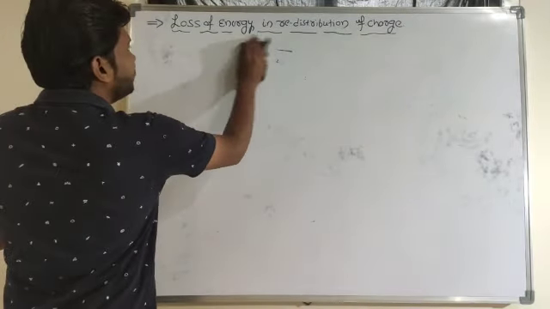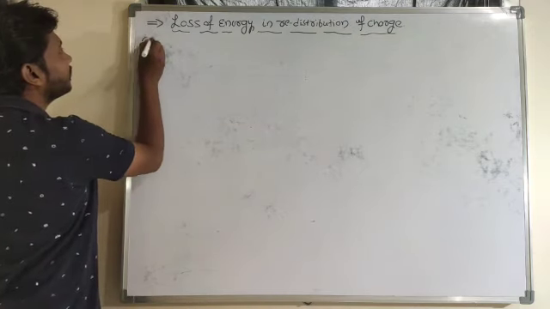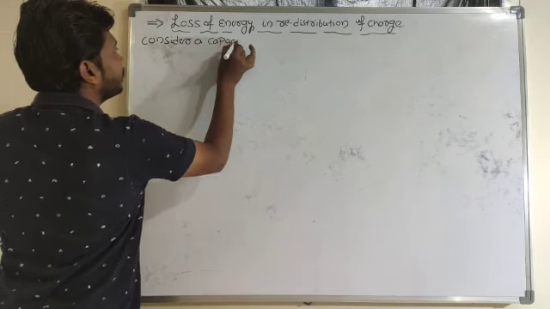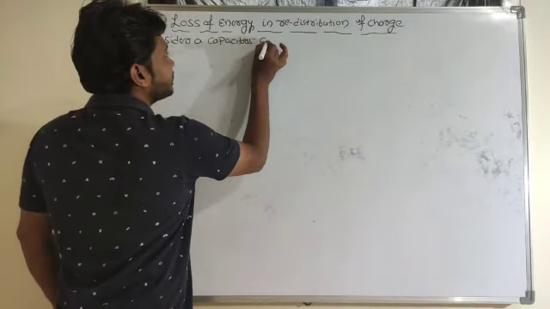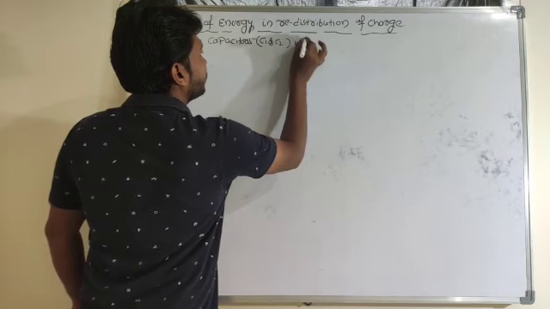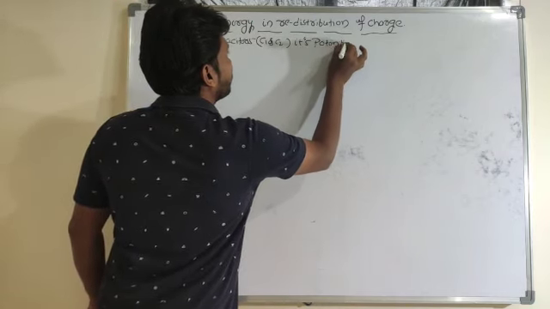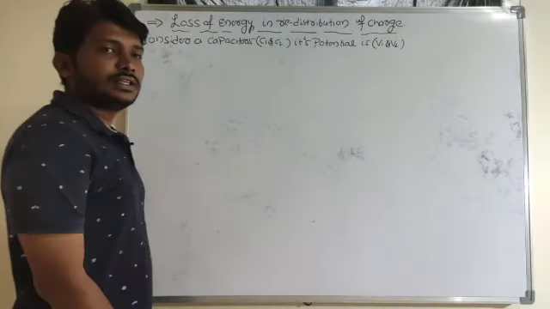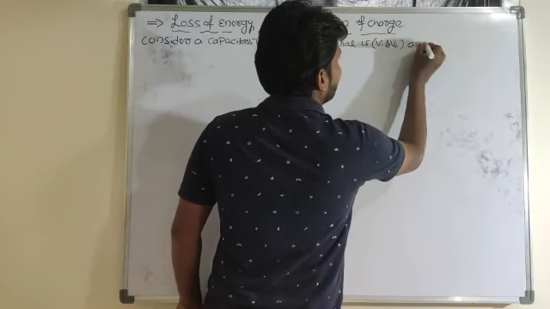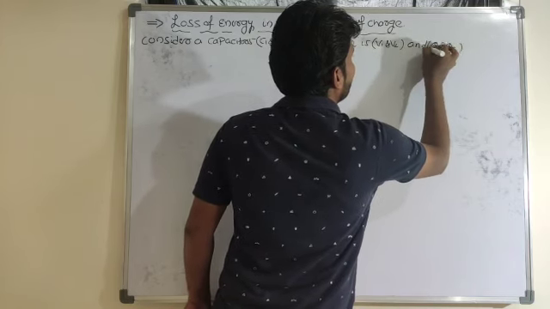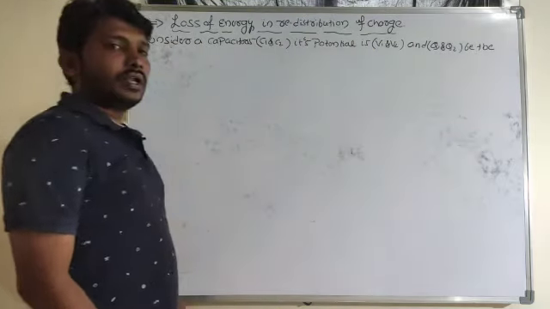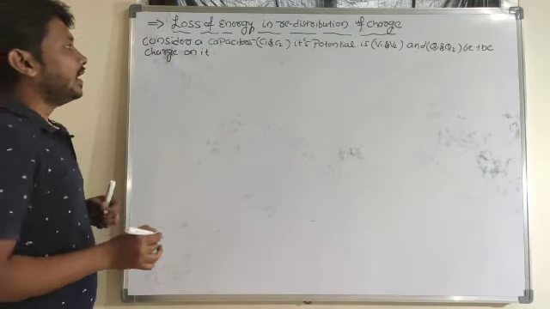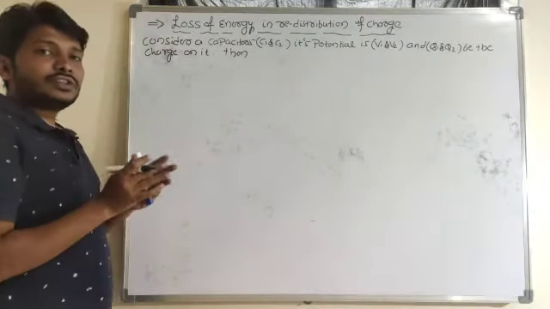Consider two capacitors C1 and C2, their potentials are V1 and V2, and Q1 and Q2 are the charges on them.